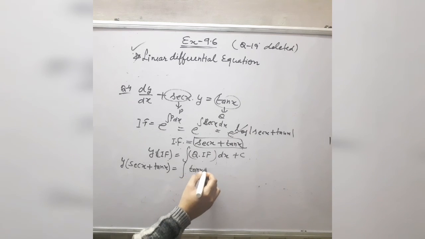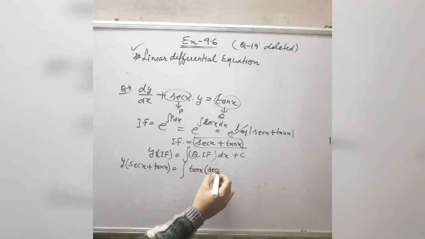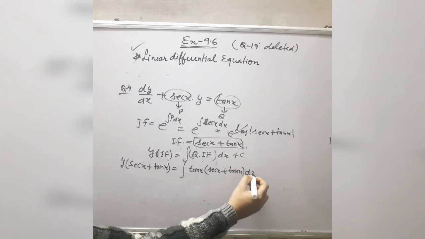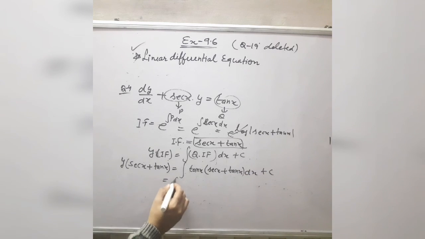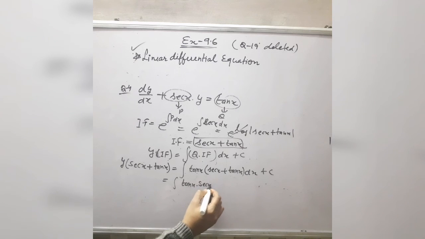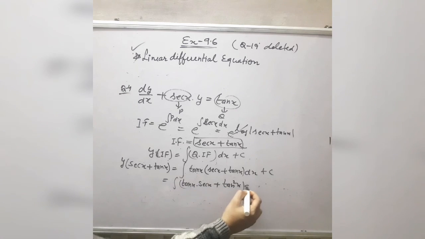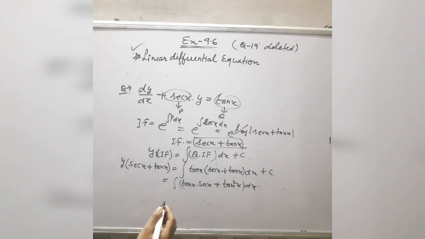Tangent x into integrating factor secant x plus tangent x, whole integration plus c. Now tangent into secant, tangent is multiplied by tangent, it becomes tangent square x, and very easily you can find out the integration of this function.